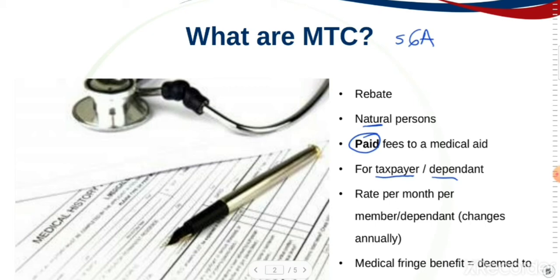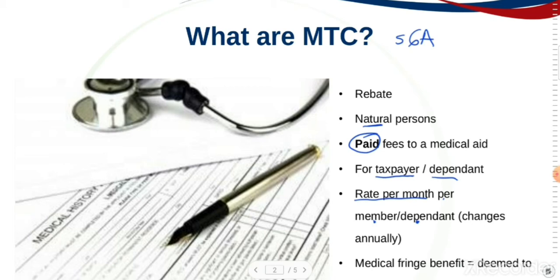Then you can allocate, or they can claim, a fixed rate per month for themselves, and for a dependent the rate changes. If it's the actual taxpayer and they are the only member of a medical aid fund, there's a rate that they can claim. For the first dependent, there's a rate that they can claim which is similar to the rate that they can claim for themselves as a taxpayer.